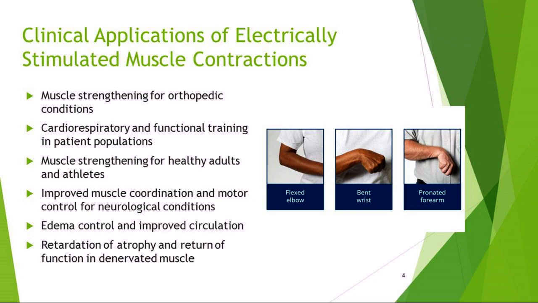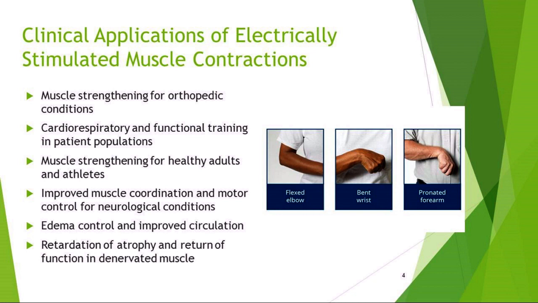You might be doing cardiorespiratory or functional training in certain patient populations, like people who have spinal cord injuries or MS or diminished muscle function for some reason. We might be doing a functional electrical stim bike or rowing machine to improve their cardiorespiratory function.